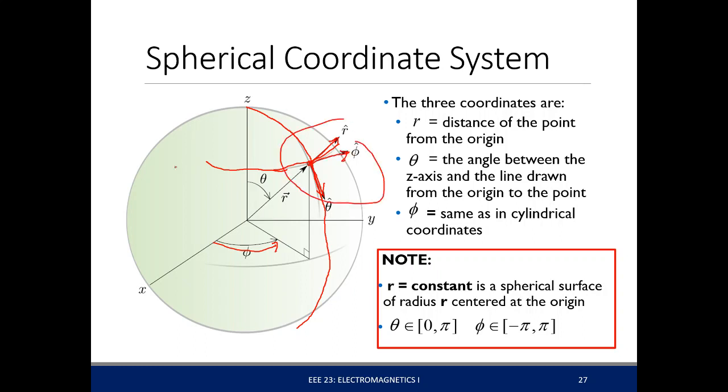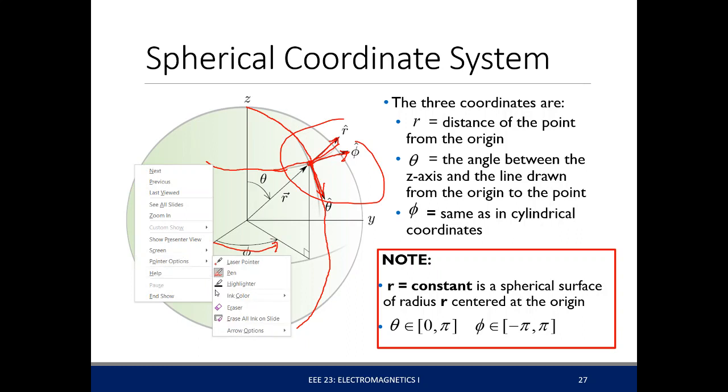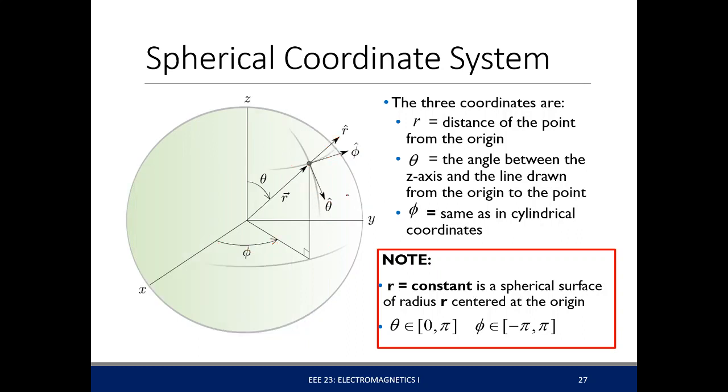So that's the definition of the unit vectors, or the component vectors, of your spherical coordinate system. Okay, so r is the distance, in this case the length of this vector. Theta is the angle between z and your vector r.